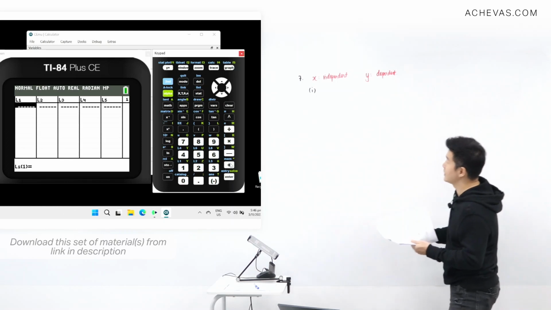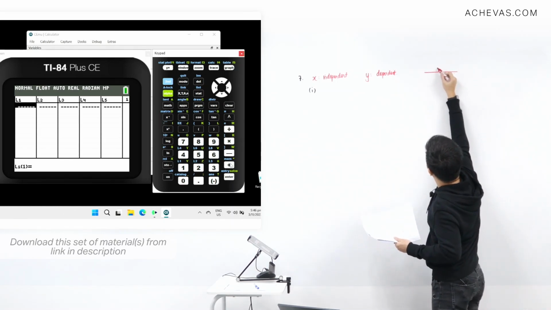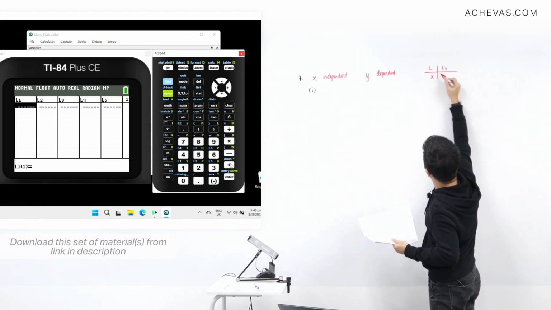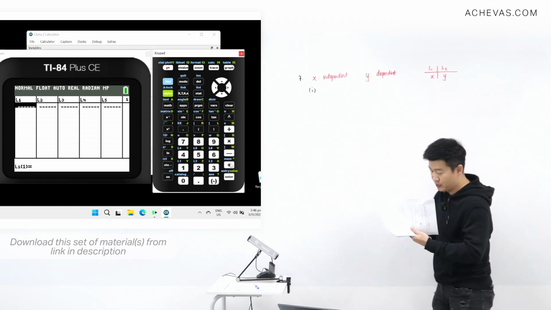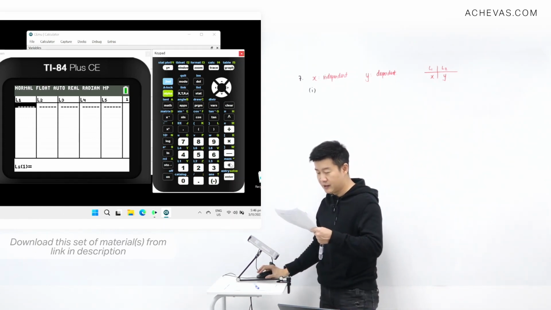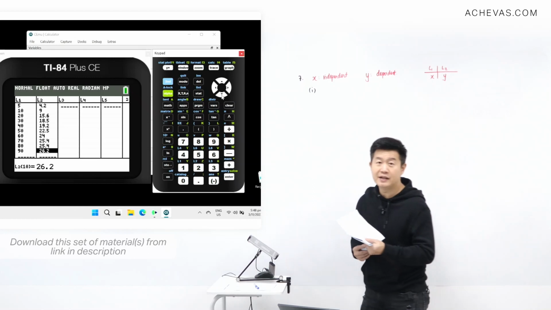Let me indicate to myself what is inside L1 and L2. So X goes into L1 and Y goes into L2. Let's start. For L1, we have a 5, then after that a 10. Okay, I've keyed in the data.